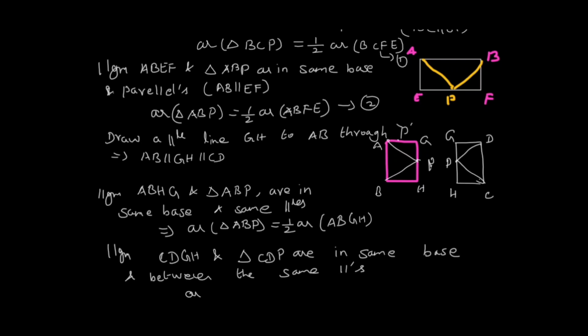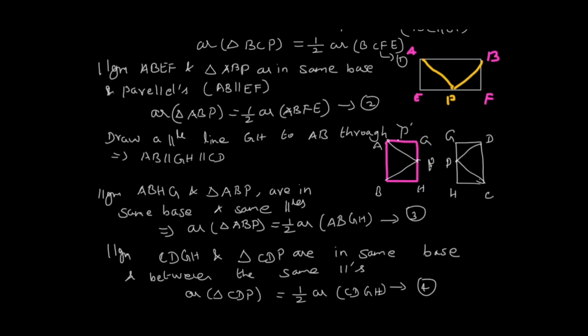So the area of triangle CDP is equal to half of the area of parallelogram CDGH. So this is the third equation, this is the fourth equation.